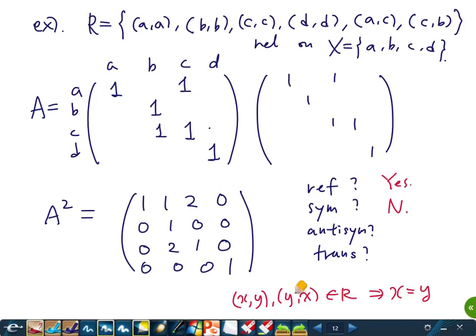What does this mean in terms of matrix? If x and y are different and both are 1, like this is the mirror image of this, that's not going to be anti-symmetric, right? But here you cannot find those 1, 1, right? So it is anti-symmetric, yes.